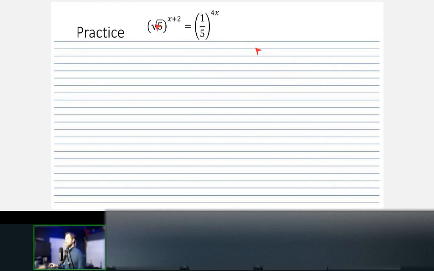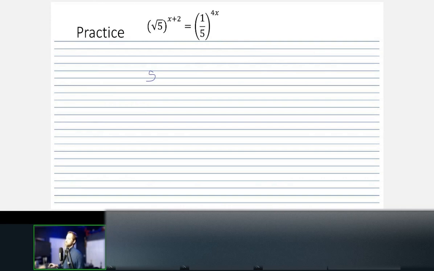Now we're going to use that radical property, whatever it's called, the index. I don't remember what it's called. So that square root of 5, I can rewrite as 5 to what power? If you had your guided notes printed out in front of you, you can flip back to those pages if you didn't write it down.